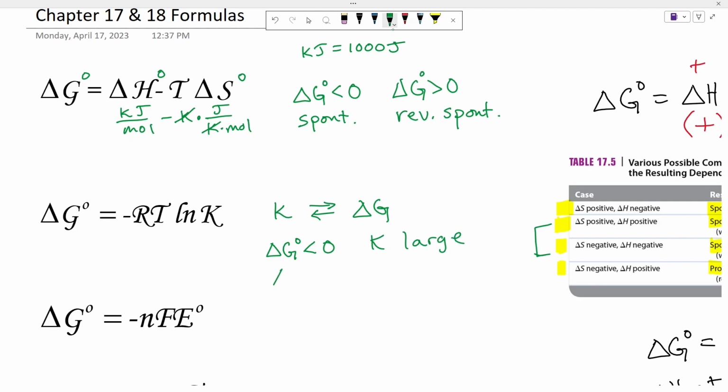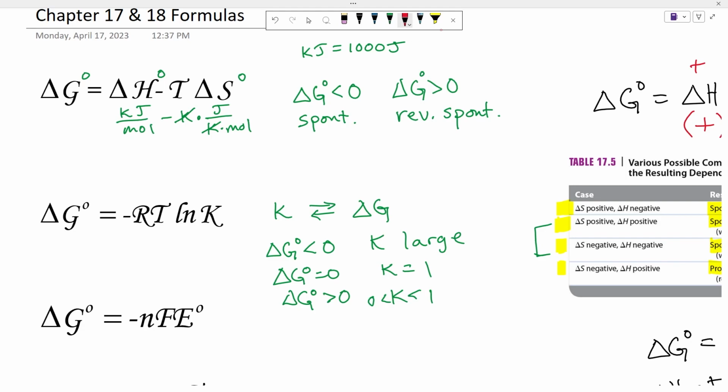If the standard delta G is equal to 0, K equals 1. And if delta G, now I'm encroaching on this next formula, if delta G is greater than 0, then K would be between 0 and 1, or a fraction.